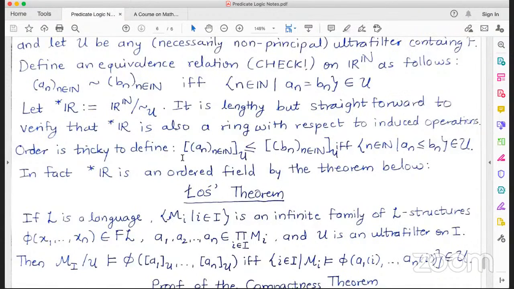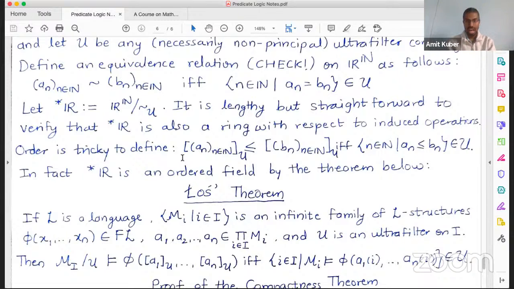That means any property of real numbers which is expressible in first order language, the hyperreals also follow that property. Yes, any first order property that is true in reals, not restricted to being an ordered field or something. In model theory, it is called an elementary extension.